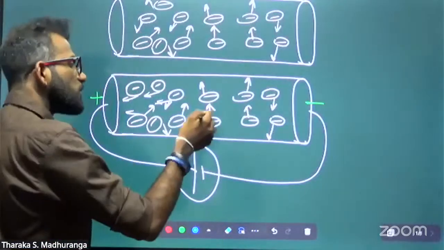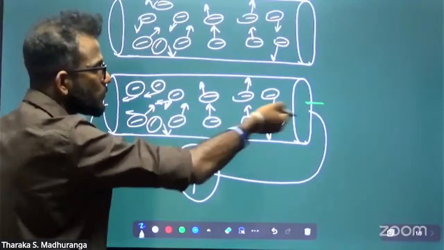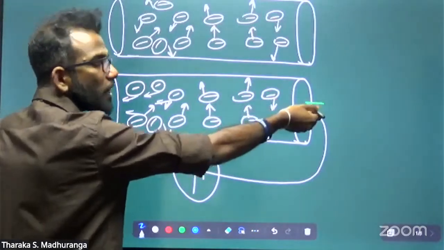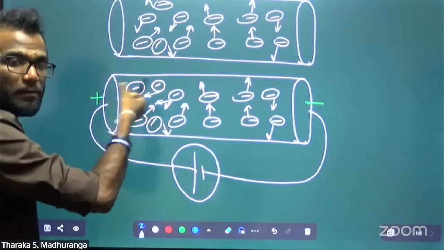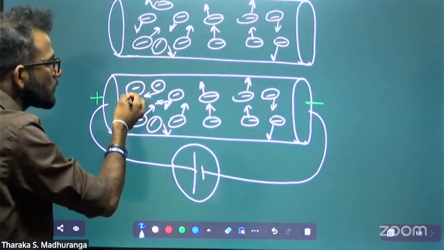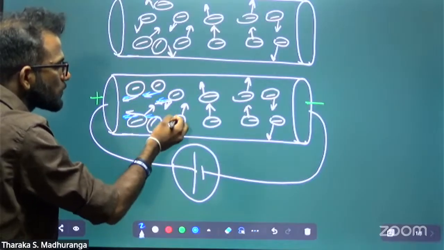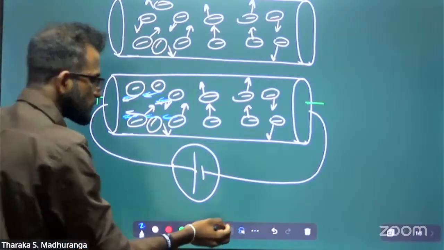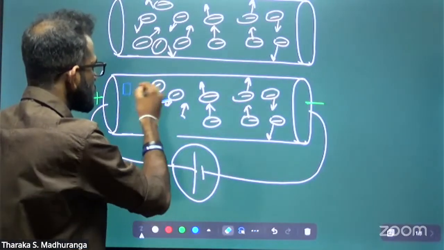Now what happens to the electrons? These randomly moving electrons get a specific direction to move. Where there is negative charge, there is repulsion, and where there is positive charge, there is attraction. Therefore, they start moving in this direction. Now they don't have random movement.